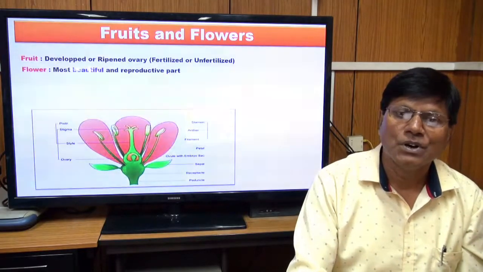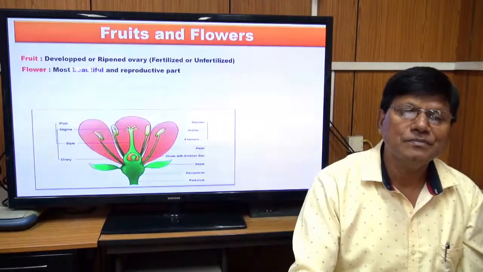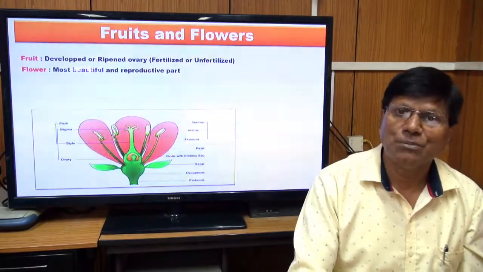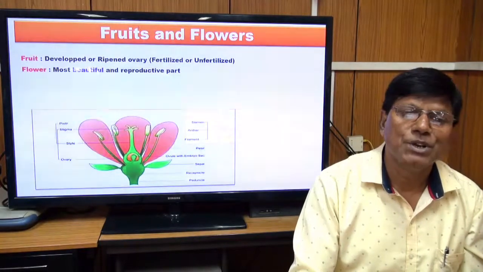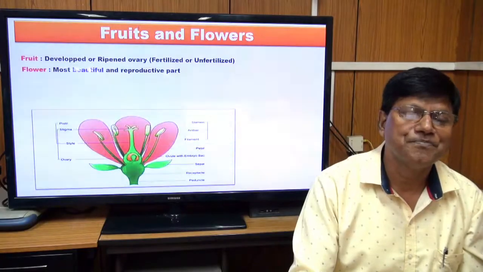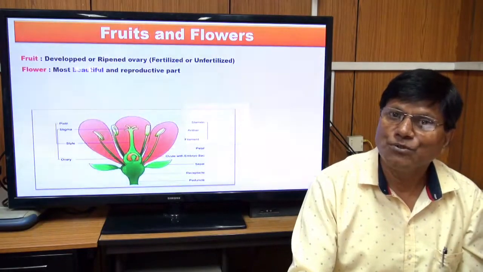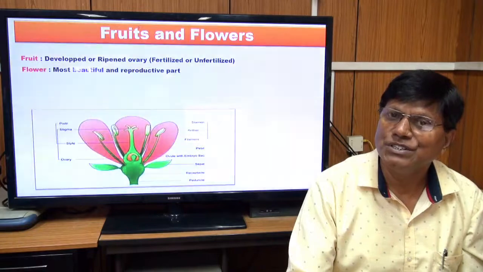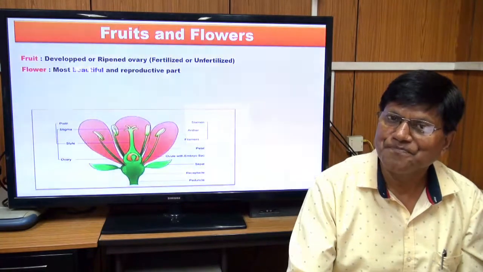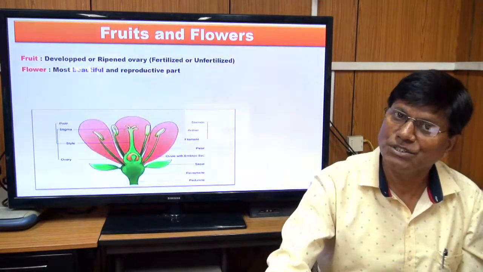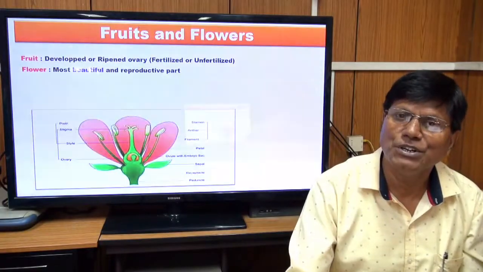So fruit is a developed or ripened ovary, may be fertilized or unfertilized, and fruit obviously is made up from flowers. May not be fertilized, but it will come from flower only.